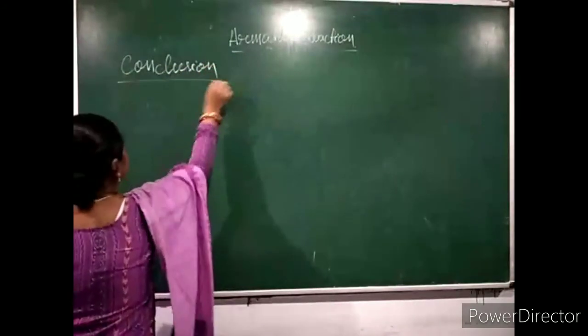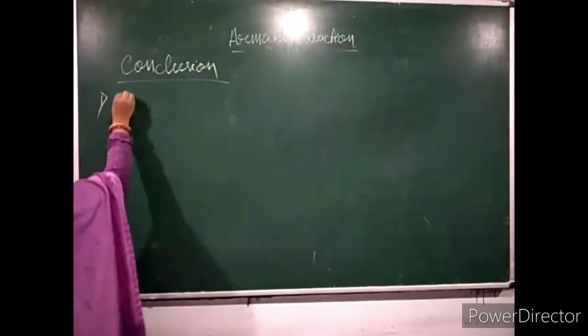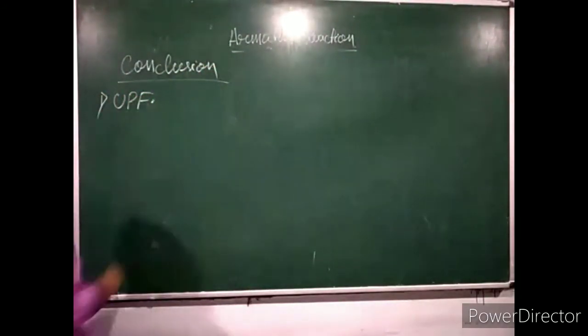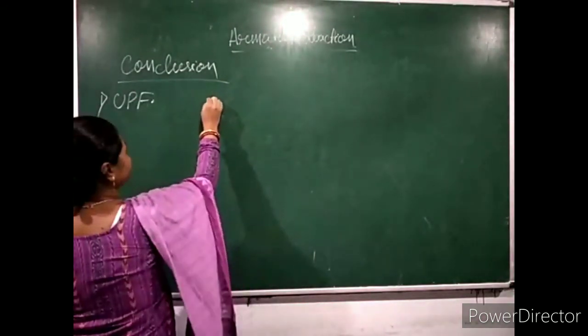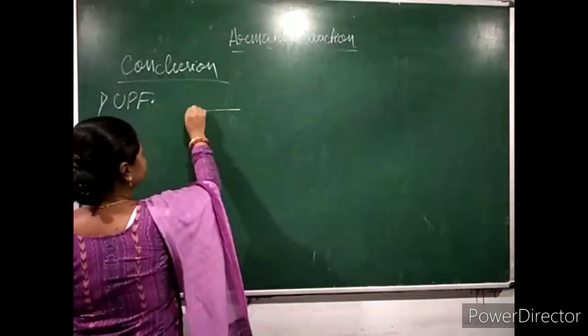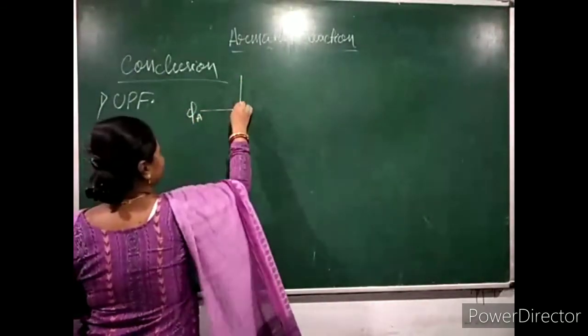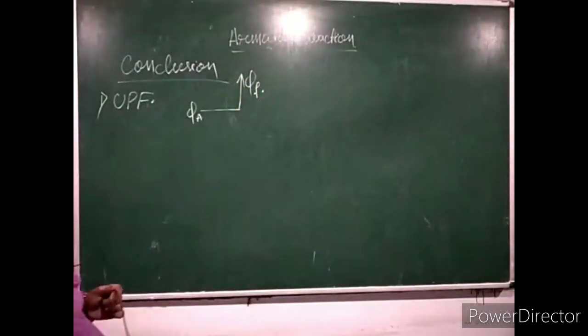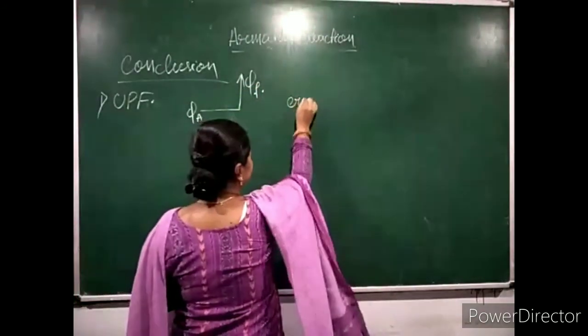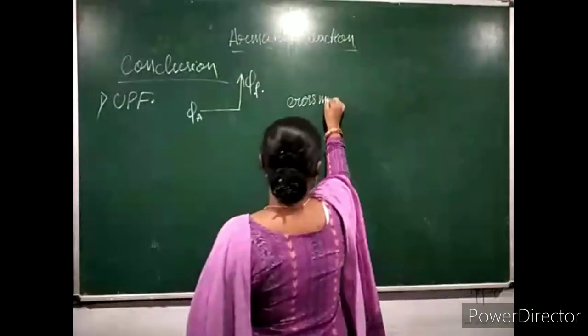Conclusion: in unity power factor, the effect between armature flux and field flux is known as cross magnetizing effect.